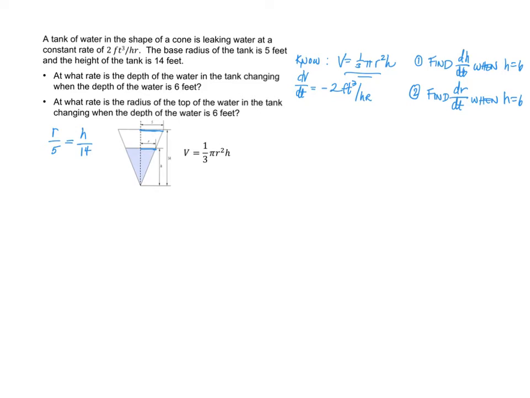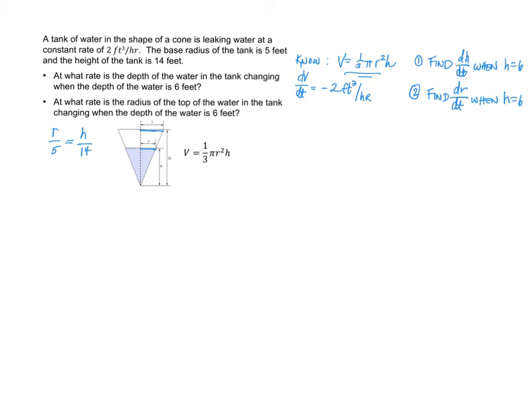So now in this first problem, we're trying to find dh/dt. So we don't want the r in that problem at all if we can get rid of it, right? So how do we get rid of the r? Well, if we can write r in terms of h, that would be helpful. So I'm going to multiply both sides of the equation by 5 to get rid of the r.